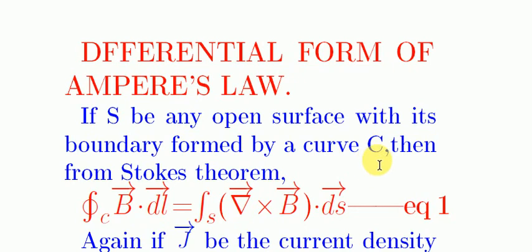A whole coconut is an example of a closed surface, but a broken coconut is an example of an open surface, and a closed line is always associated with an open surface. So this is the discussion about what is an open surface, what is a closed surface and what is the boundary of an open surface.